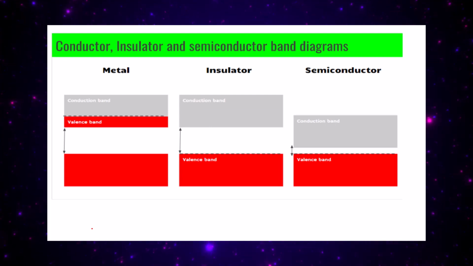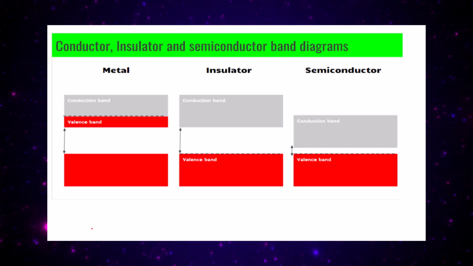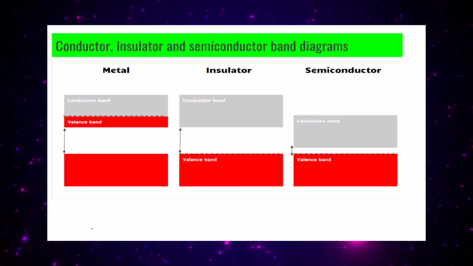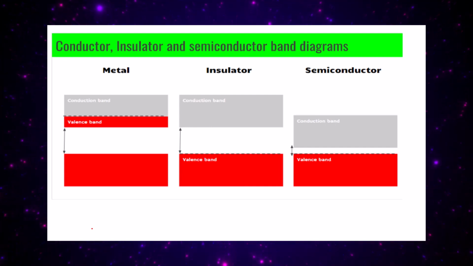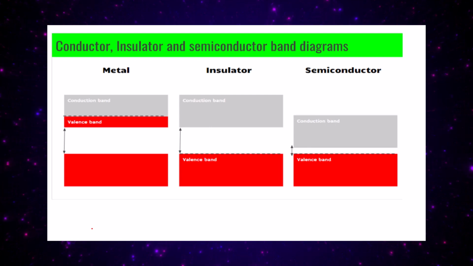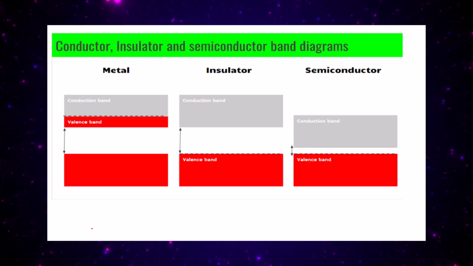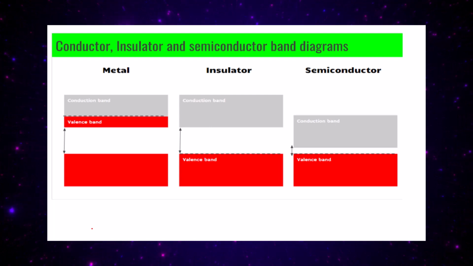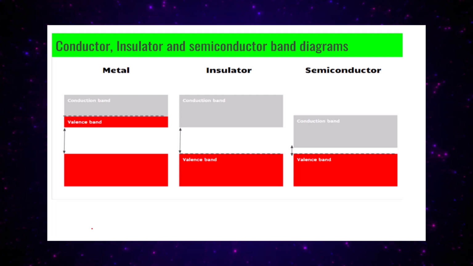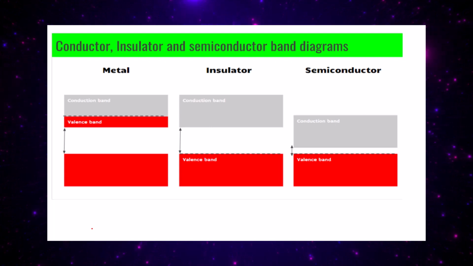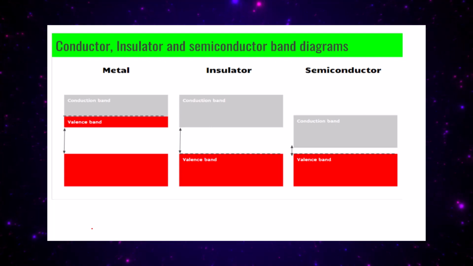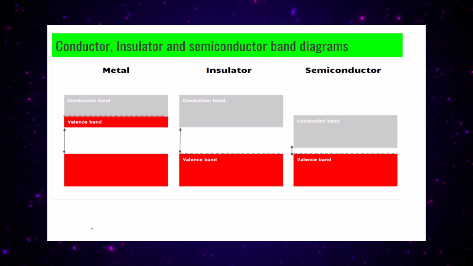For a semiconductor, very much like an insulator, but one big difference: the energy gap is in fact smaller, which allows electrons at room temperature, gaining the heat from the temperature of the room, to move into the conduction band and therefore make it a conductor, although not a very good conductor. There we have it, the energy band diagram for a metal, insulator and semiconductor.